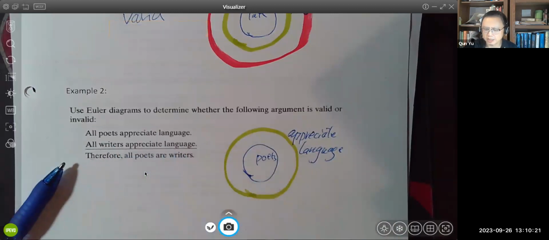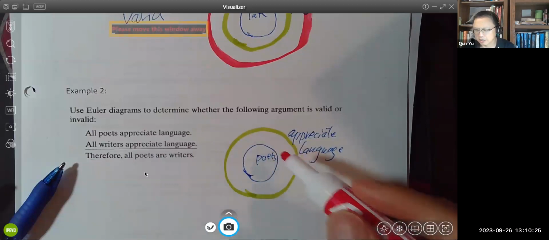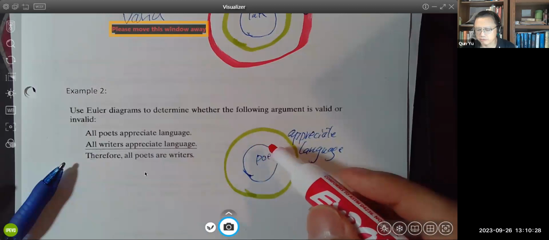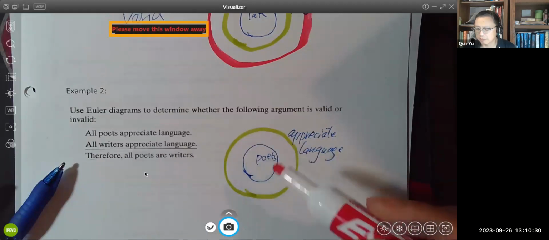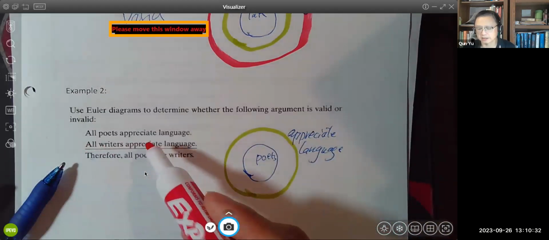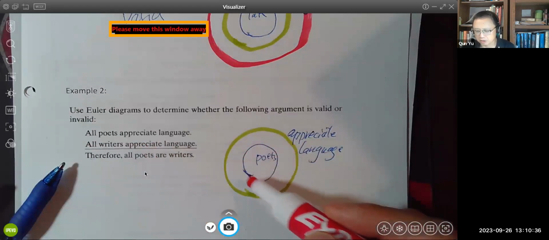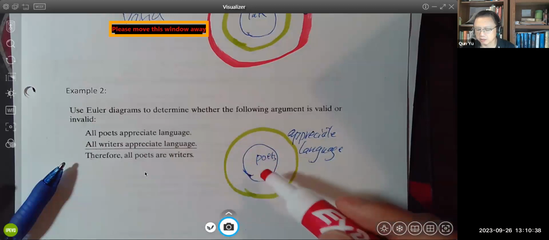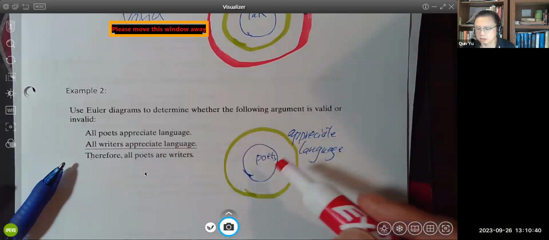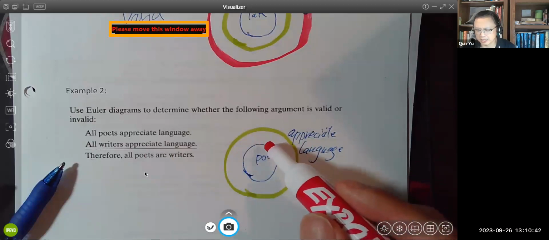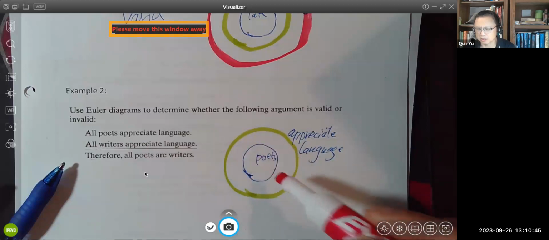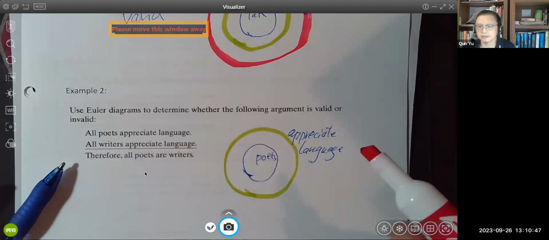Now here we have a potential issue. As long as I draw this red circle within this green circle, I'm good in terms of representing the second premise, right? But we have a blue circle inside the green one. If we didn't have this blue circle, there's no issue. I can draw that red circle in any location I want, and there's no difference.